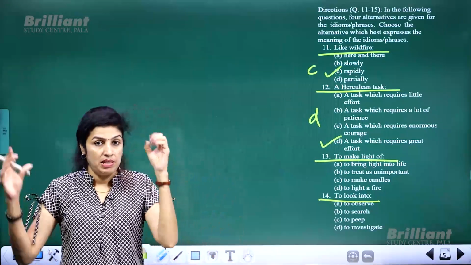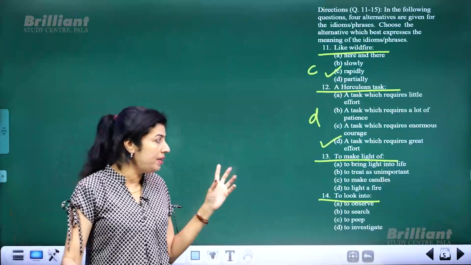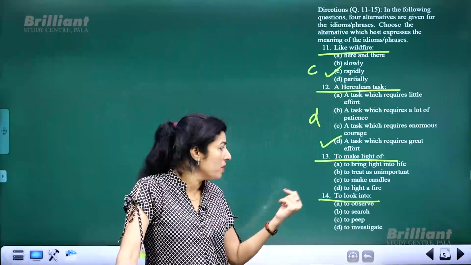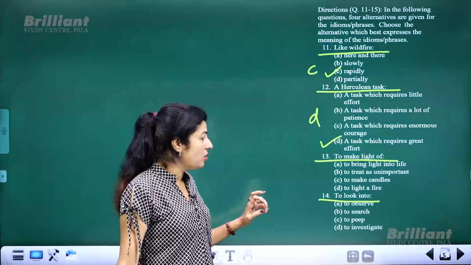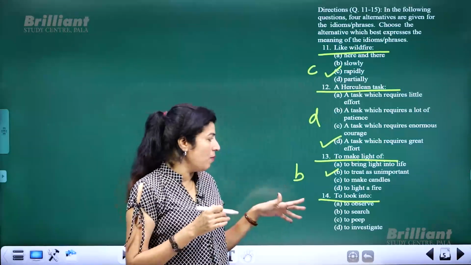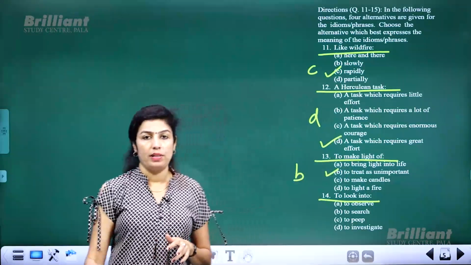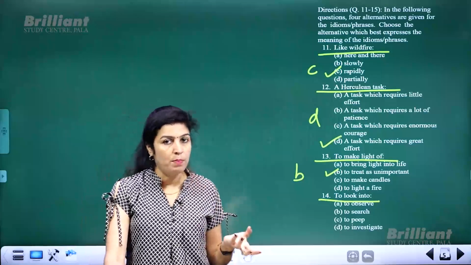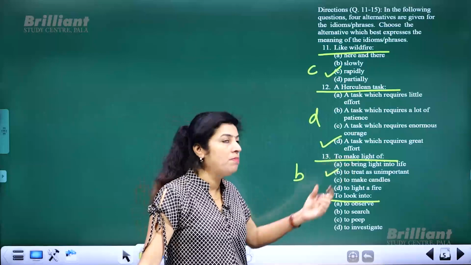Light here does not mean something glittering or shining, but something trivial, something not so important. So to make light of means to treat something or someone as unimportant. When something is given less importance or no importance, we use this term, to make light of.